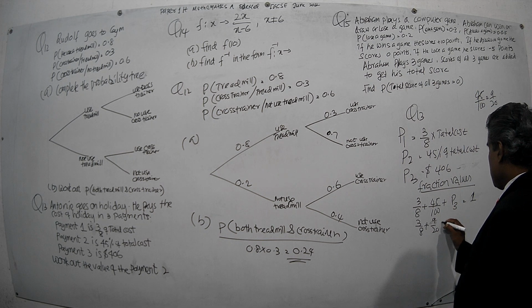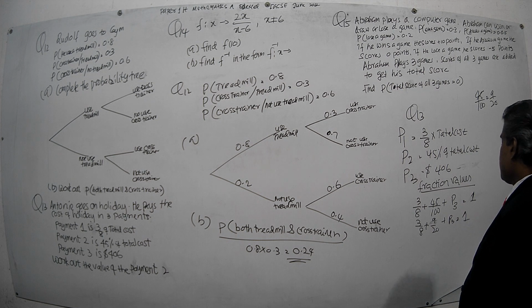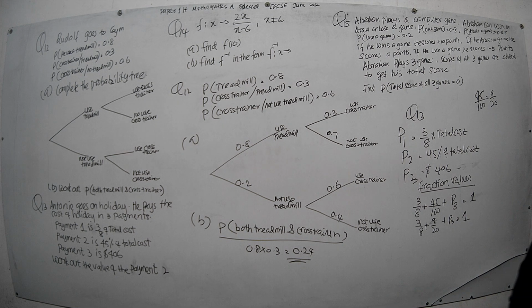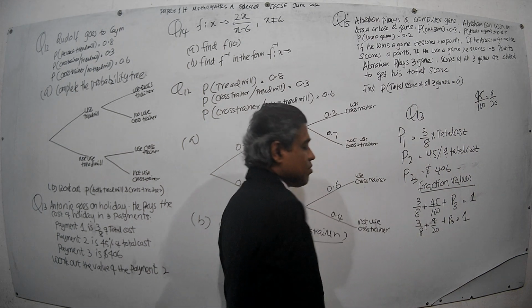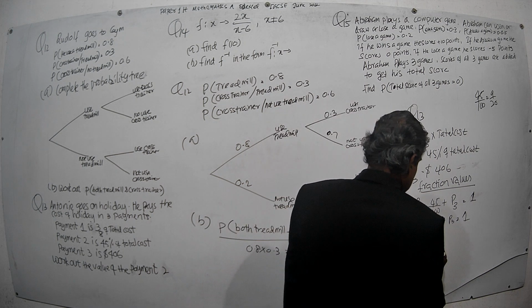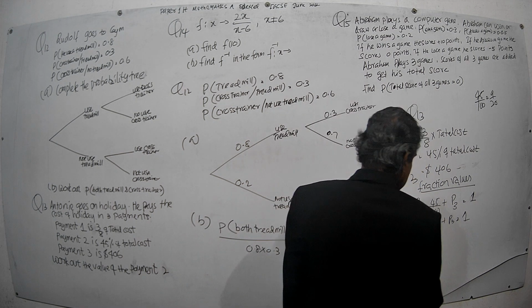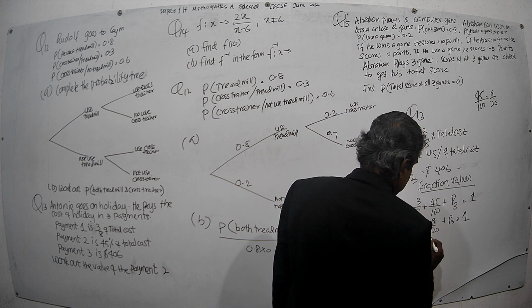Then plus P3 equals again 1. The two fractions are to be added, but the denominators are different, therefore you have to find the LCM. LCM of 8 and 20 is 40. Then 8 multiplied by 5 is 40, then 3 multiplied by 5 is 15.